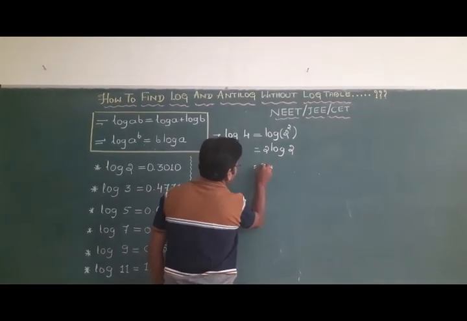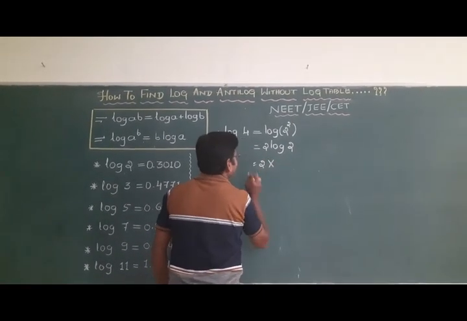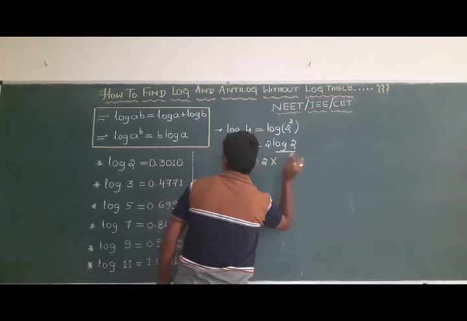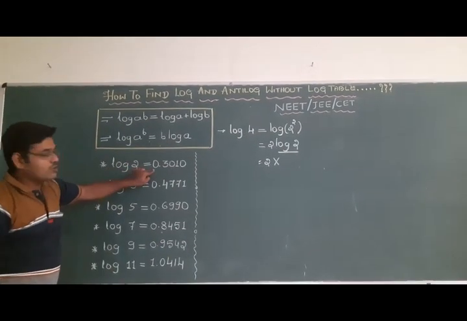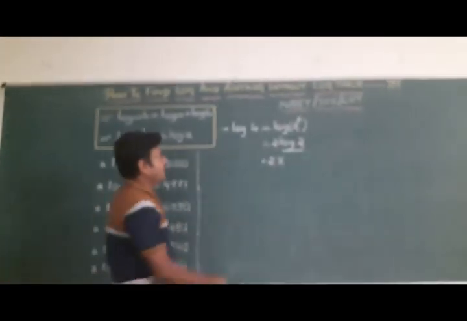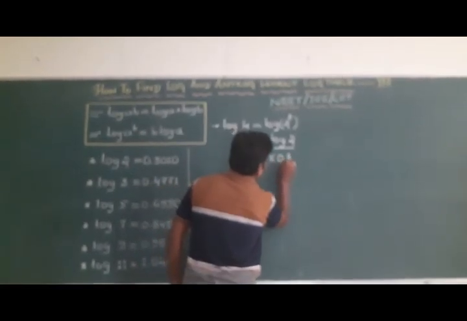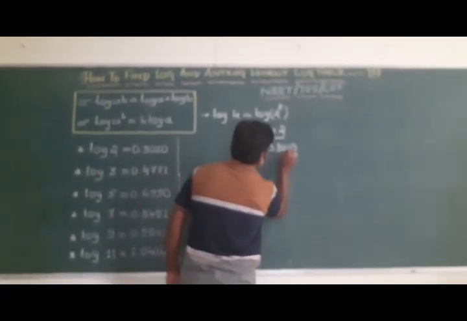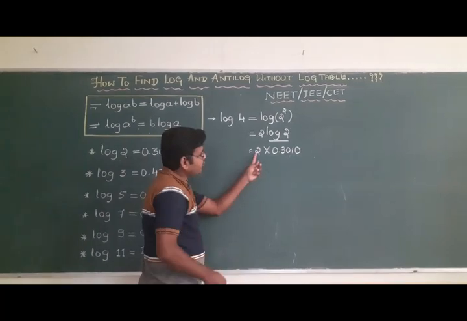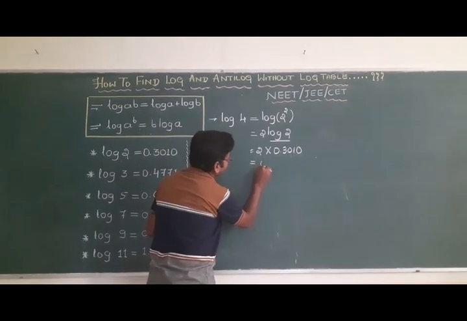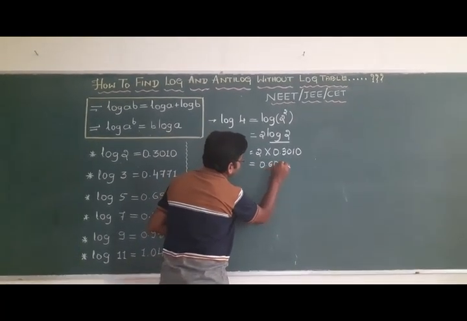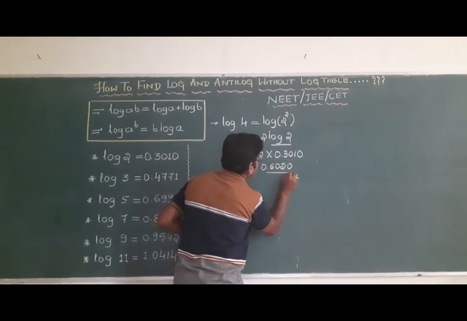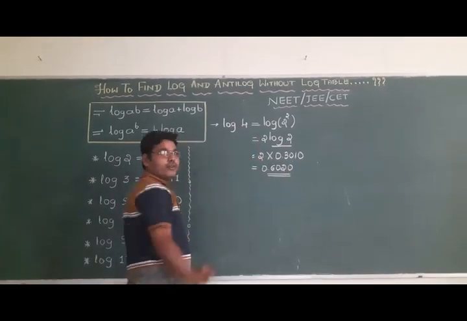You keep this 2 as it is, which is multiplied by log 2. The log 2 value is 0.3010. So 0.3010 into 2, the value becomes 0.6020. So this is the log 4 value.